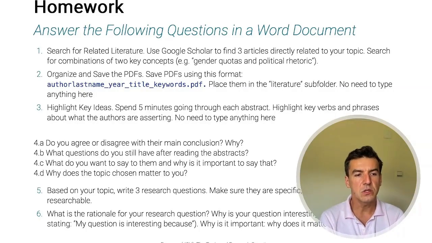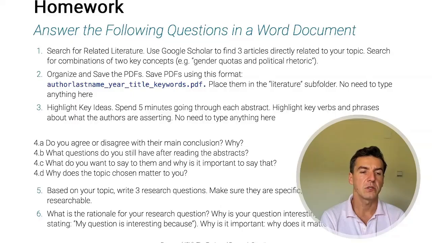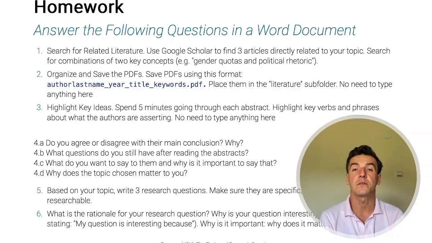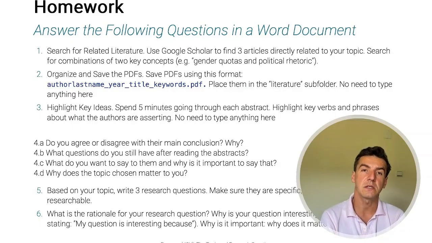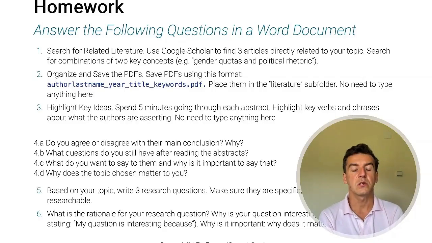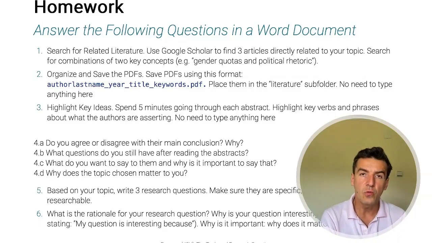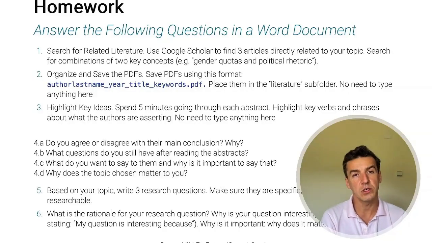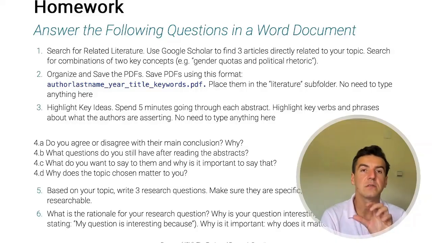Okay, so just to reiterate, these are the kinds of assignments that I gave in this presentation. The first one had to do with searching for the related literature, using Google Scholar to find free sources that are very closely connected to your topic. This is going to help hone the topic that you're interested in. I also emphasized that it's important to save the articles that you find in a very specific format that's going to allow you to track those articles after you're done researching.